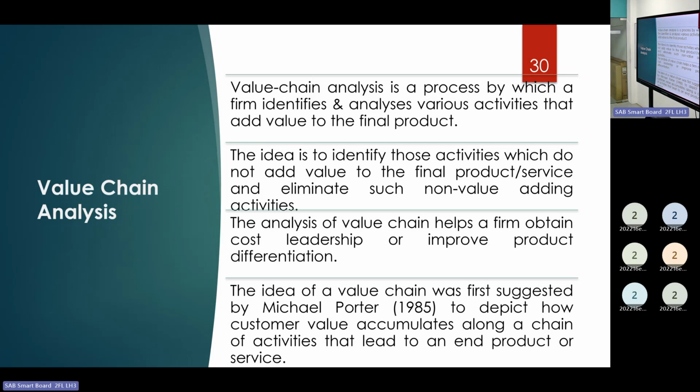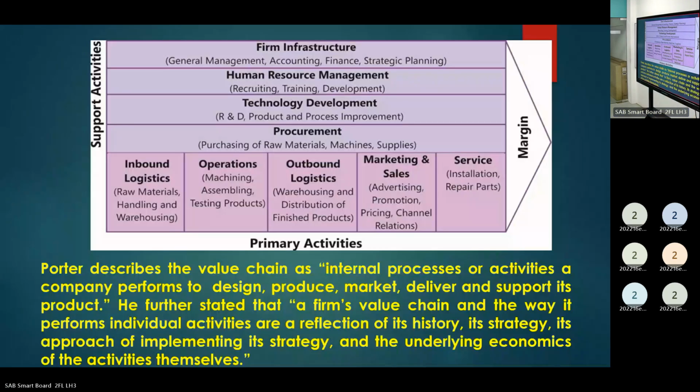The idea of value chain was also suggested by Michael Porter, 1985. In the original value chain analysis, the activities are divided into two types, primary activities and support activities.